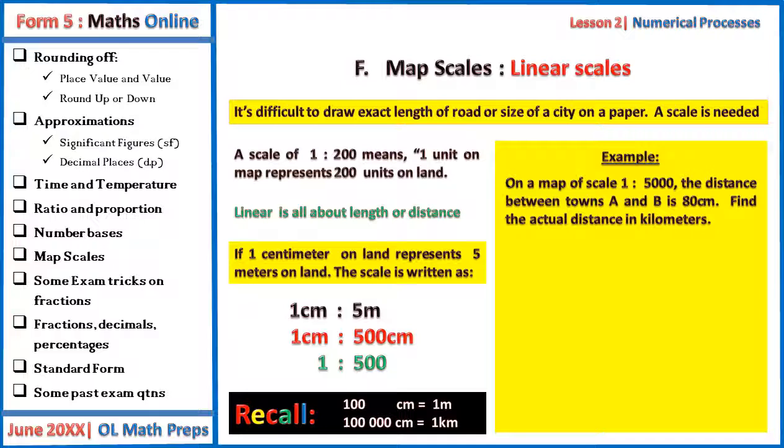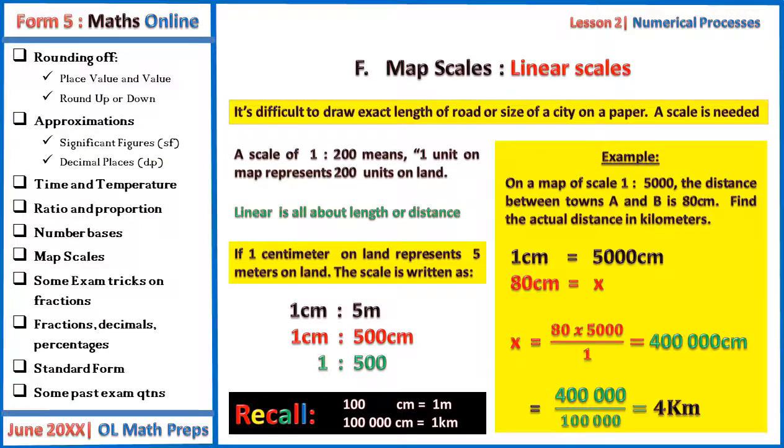Let's take another example. On a map of scale 1 is to 5,000, the distance between towns A and B is 80 centimeters. Find the actual distance in kilometers. So the scale has been given as 1 centimeter is to 5,000 centimeters. Therefore, 80 centimeters on the paper represents how many centimeters on land?